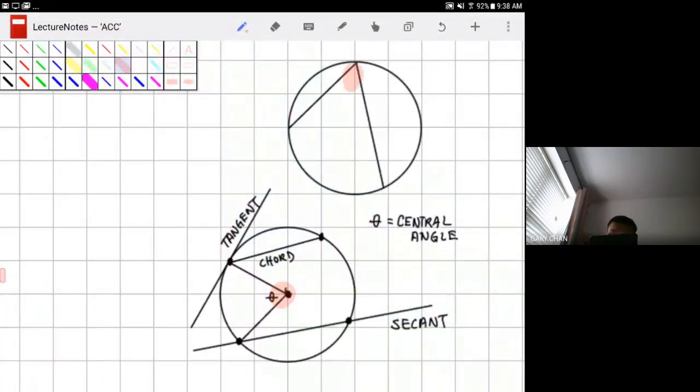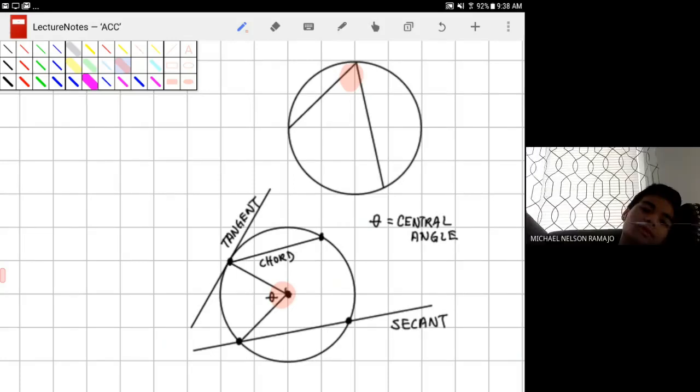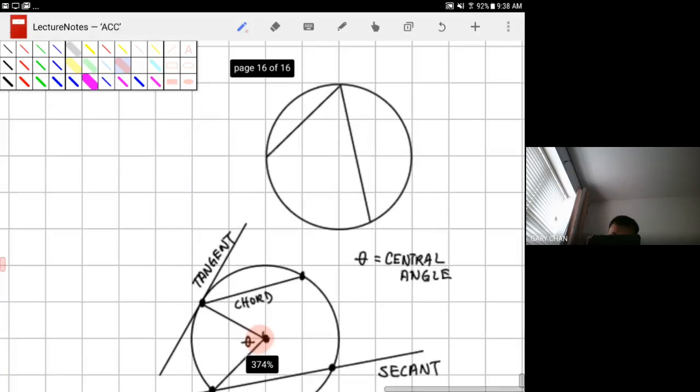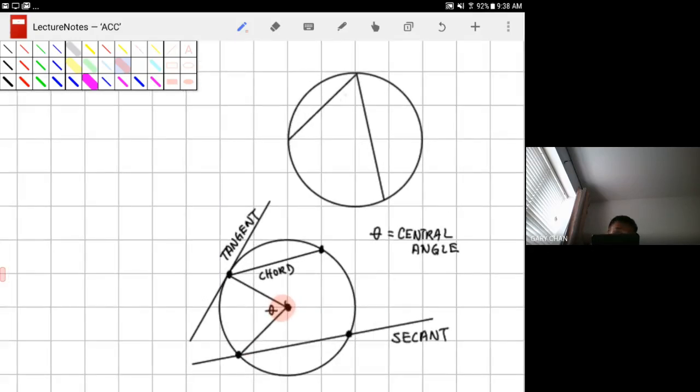This angle up top is formed by what? 2 chords. That's right. So in this case, I'm going to call it beta. This is called an inscribed angle.